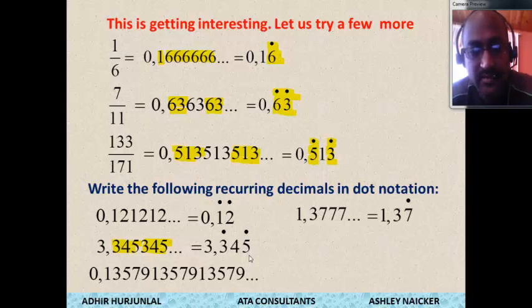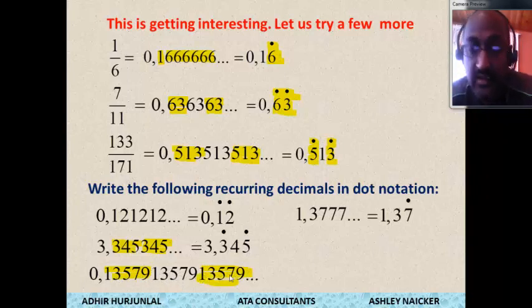Next example. There's something long. Obviously, your calculator is not going to give you so many decimal points after the decimal comma. But nonetheless, let's look at this one and see what the answer would be. What recurs? 1, 3, 5, 7, 9.